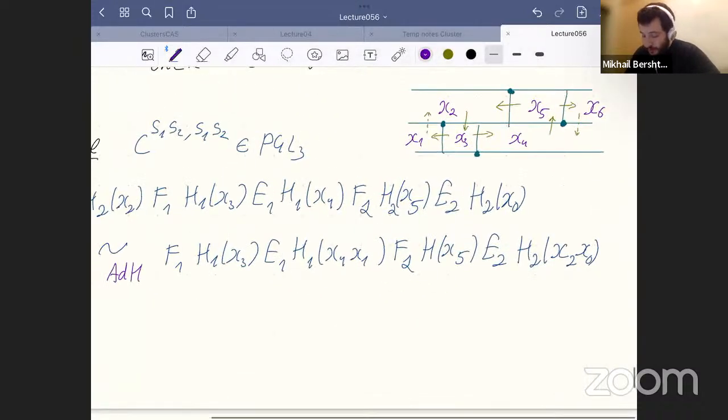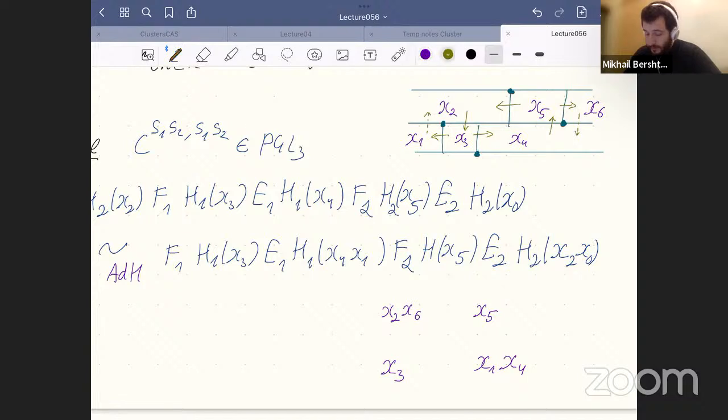So our vertices will be x3, x1, x4, x2, x6, and x5. Maybe like this. And here we have one arrow. Here we have one arrow.